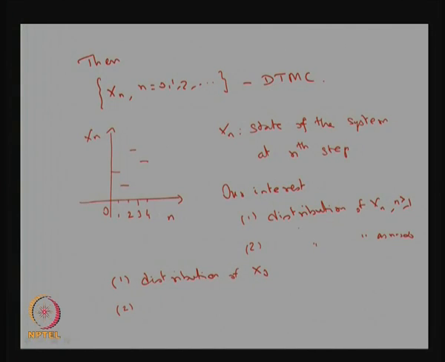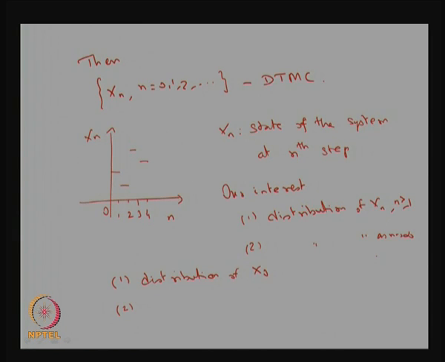If you know the initial distribution vector and the distribution of the transition from the nth step to the (n+1)th step, using these two quantities you can find the distribution of X_n for any n, as well as the distribution of X_n as n tends to infinity.